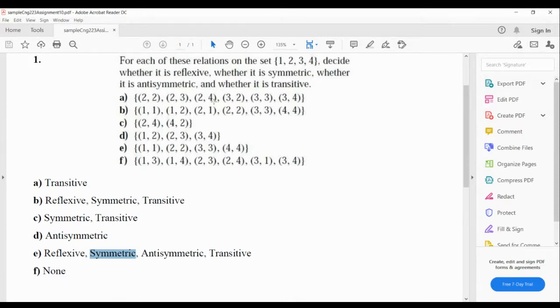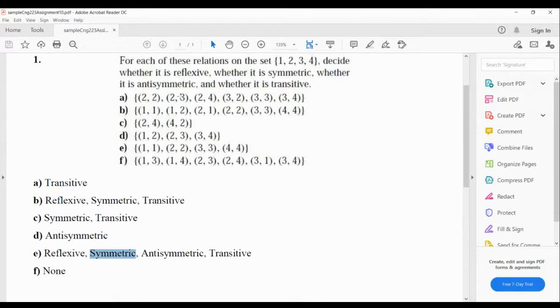So you see 3 and 4 are the second components of those. What does it mean? First component and second component of these 2: so 2, 3 and 2, 4 should be inside this relation as well. And they are. You see 2, 3 and 2, 4, they are. So it's okay. I move on to the next one.